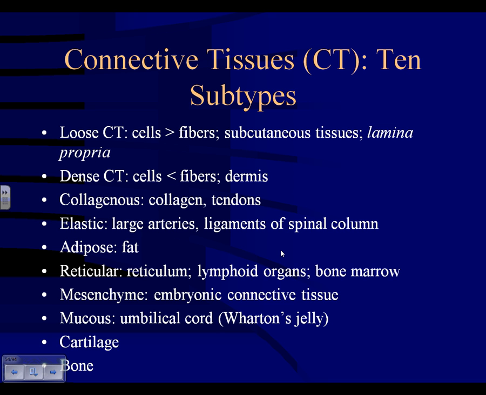The reticuloendothelial system refers to the spleen and the bone marrow. Mesenchyme, or the embryonic connective tissue, again, as cytologists, we're not going to encounter this, or the mucus of the Wharton's jelly of the umbilical cord. I don't think as cytologists we would ever have that kind of specimen, but it's important to be aware of them. Cartilage and bone we see frequently as cytologists, and it's important to recognize them.